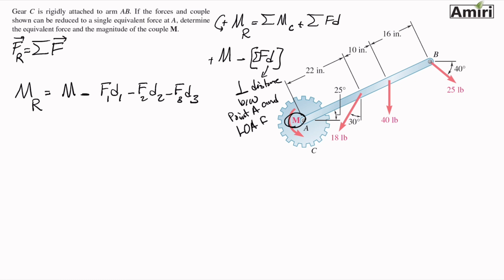But the problem is telling us that when we do this, we're going to have just a single equivalent force. So this resultant moment is going to be 0. So there won't be any moment. In other words, whatever those three forces are creating about point A is going to be equal to this existing couple moment. As a result, we're going to have no moment, just an equivalent force there.